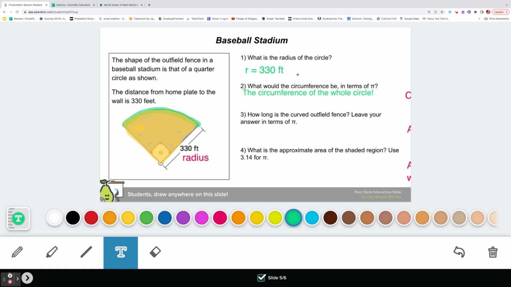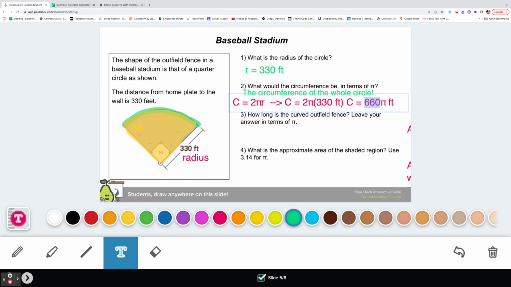So the circumference of the entire circle would be found by using the formula. I chose 2 pi r because I have the radius. I substituted the radius of 330 feet in place of r, and I just multiplied 2 times 330 to get 660 pi feet. So all the way around would be 660 pi.